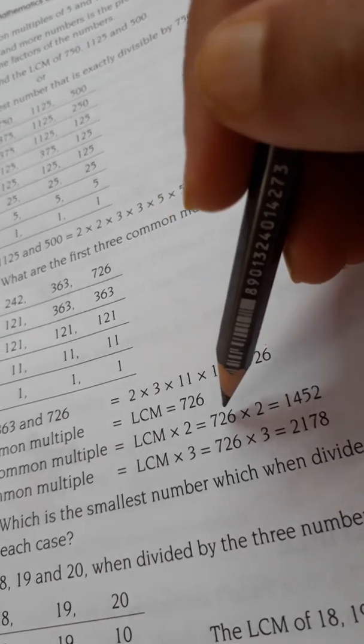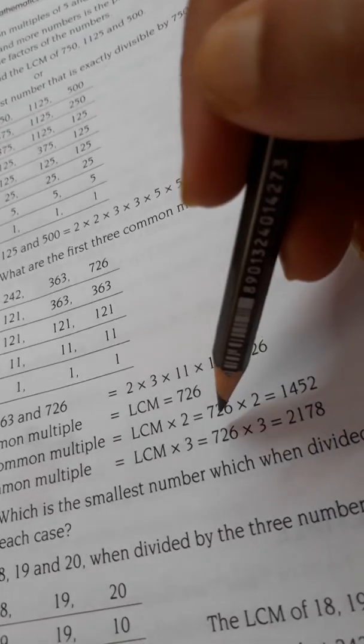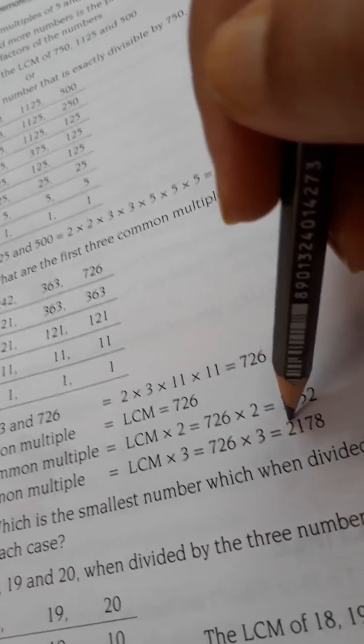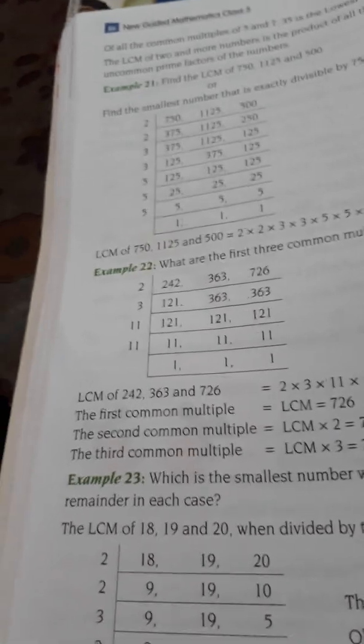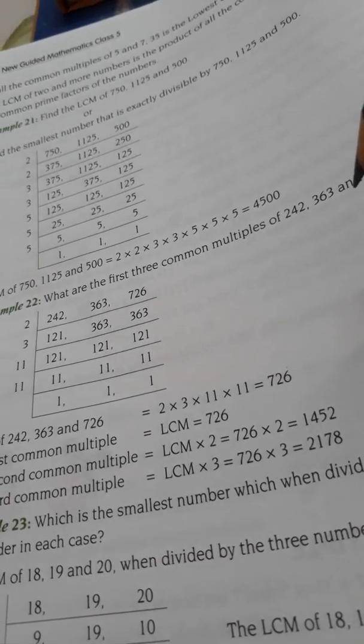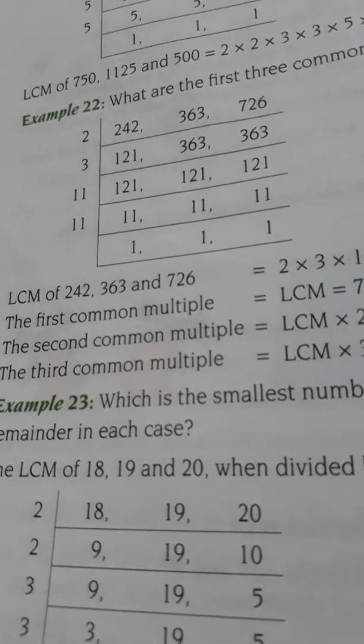So 726 into 2 is 1452, and 726 into 3 is 2178. These are the first three common multiples of 242, 363 and 726. Let's see example 23.